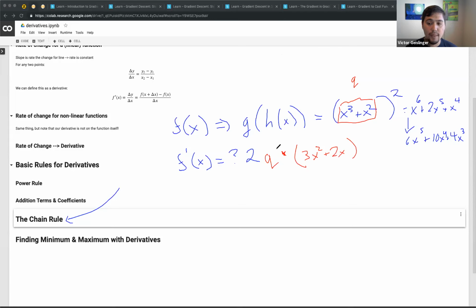And then this cube part right here, x cubed plus x squared. So the way you write this out usually is g prime of x times h, oh sorry, of h of x. Okay, makes sense.